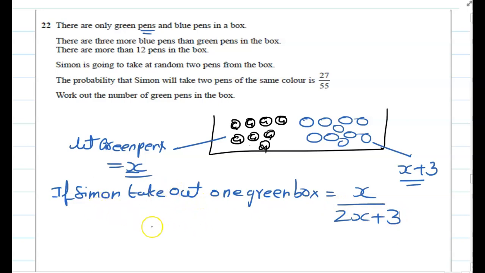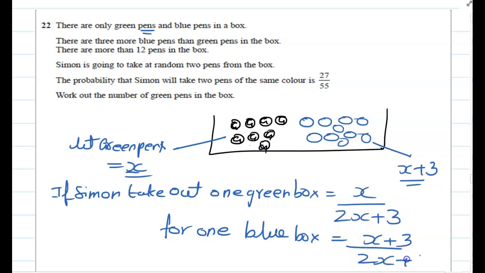And for one blue pen, the blue is X plus 3, so it will be X plus 3 over 2X plus 3.